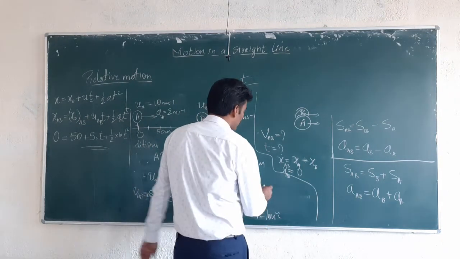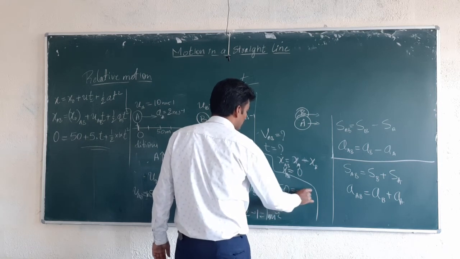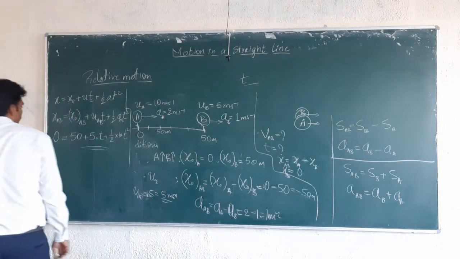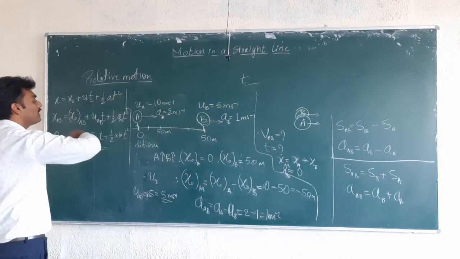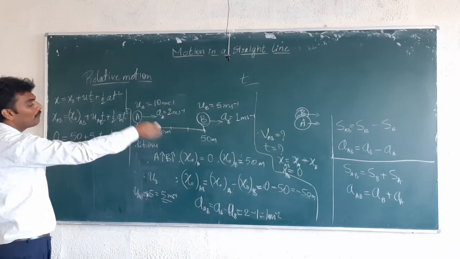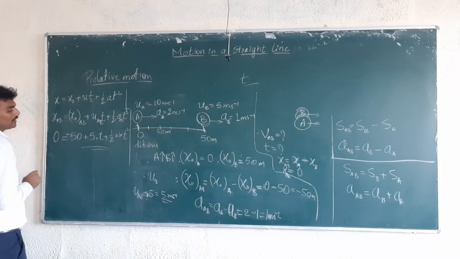We are keeping all the values in terms of body A observing body B, or body B observing body A backwards. So it is somewhat like body A is 50 meter behind body B. So this is going to be minus 50.